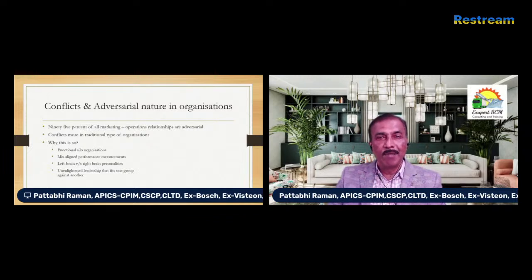Many of you might have experienced this type of politics when the head of the function or the head of the organization is not capable of handling all the functions, so he will align with some team, especially the sales or production team, and this is happening even in modern times.